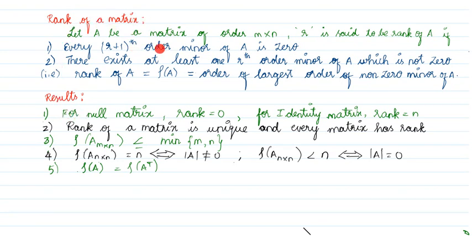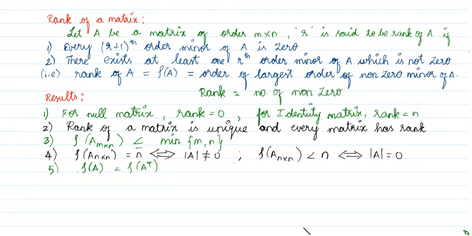Hope you are all clear with rank of the matrix, that is the largest order of a non-zero minor of a matrix. Coming to the null matrix, rank of a matrix in reduced form is given by the number of non-zero rows.